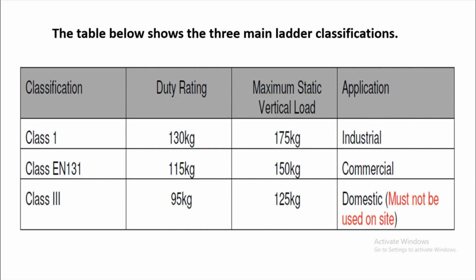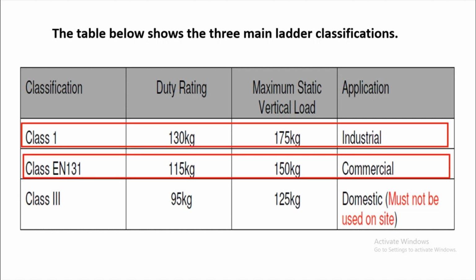Class 1: the duty rating is 130 kilograms, and the maximum static vertical load is 175 kilograms. This application is for industrial use. Class EN131: the duty rating is 115 kilograms and the maximum static vertical load is 150 kilograms.